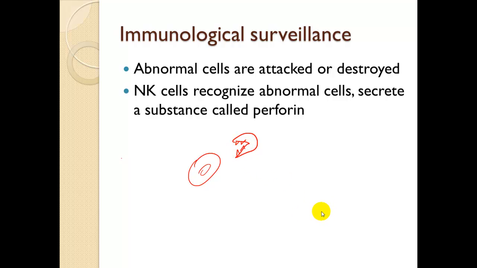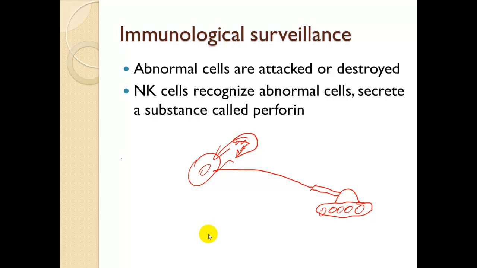So here comes perforin. Boom, it perforates the cell so that the cytoplasm starts to leak into the surrounding area. This allows the macrophages a better chance of breaking them down.